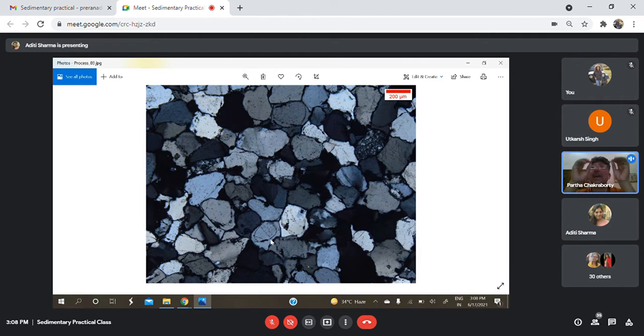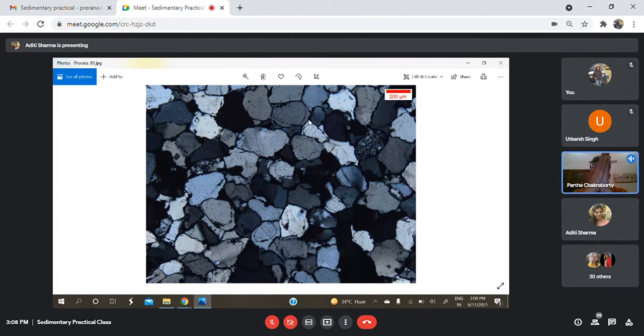They are 100%, physically and mineralogically. What is a quartz arenite? It is the most matured sedimentary rock, which is mineralogically and physically both ways very mature. Physically means there should not be any high amount of matrix.